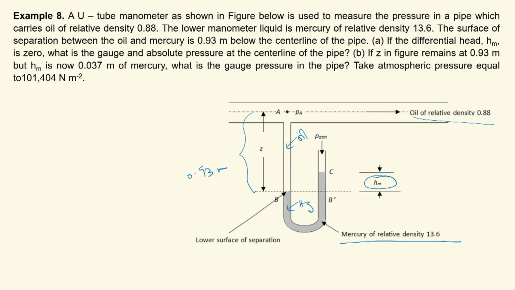If Z in the figure remains at 0.93 meter, but HM is now 0.037 meter of mercury, what is the gauge pressure in the pipe? Take atmospheric pressure as equal to 101,404 Newton per meter square.